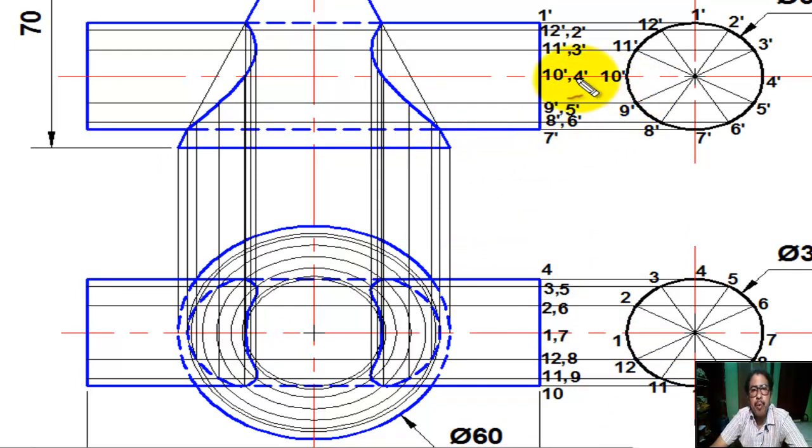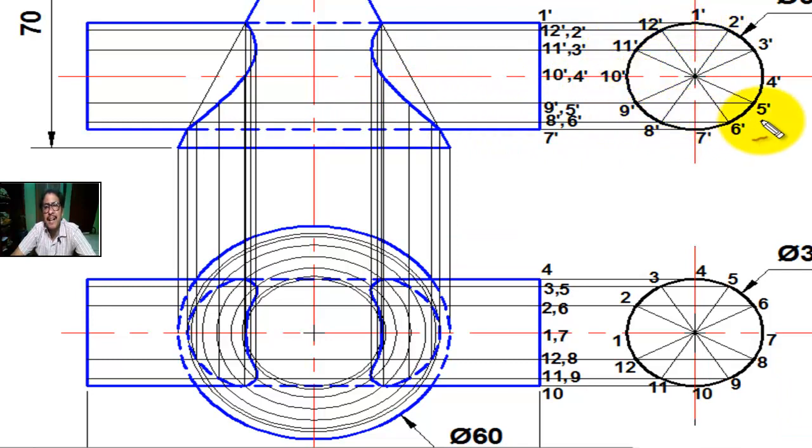Okay, now in the front view, from this circle, from 1 dash we draw a horizontal projection line.